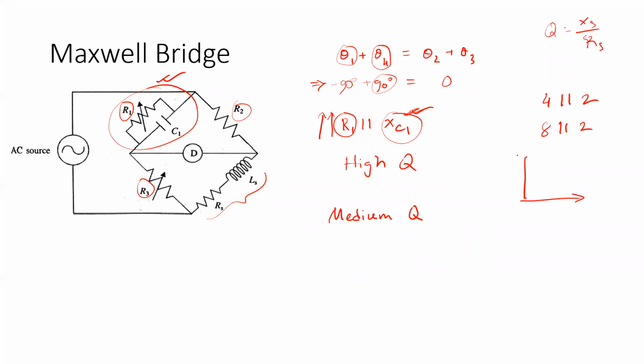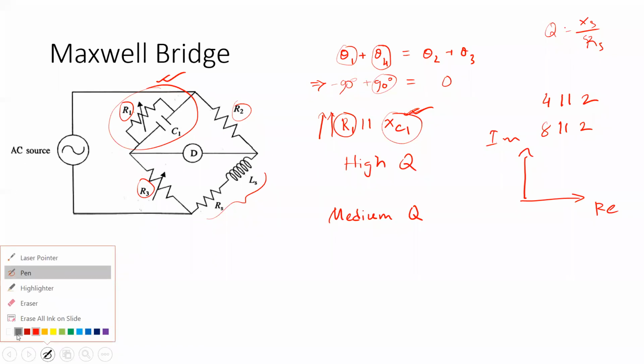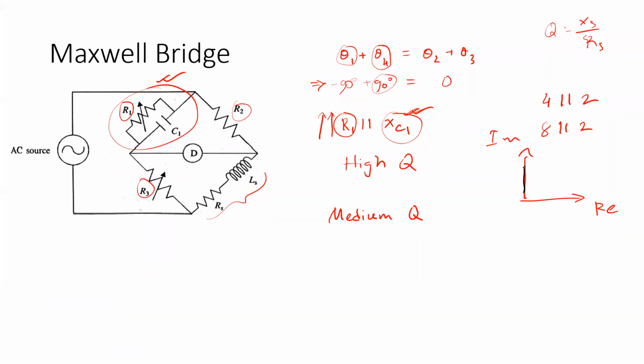So if this is the real axis, this is the imaginary axis. When the inductive part is dominant, we can define the impedance to be aligned with the imaginary line, and when it is more resistive, we can align it on the real axis.